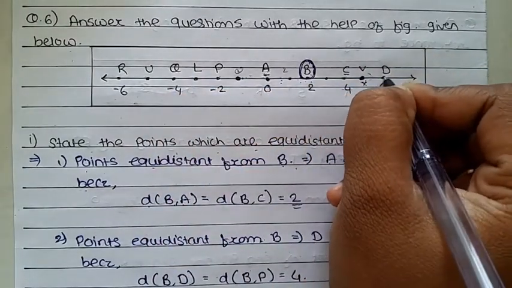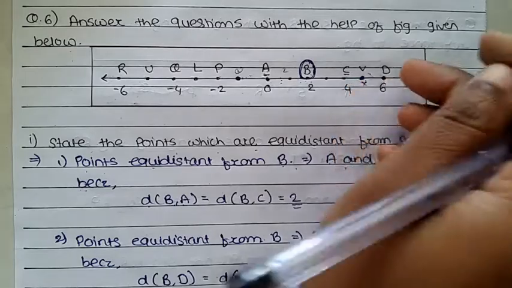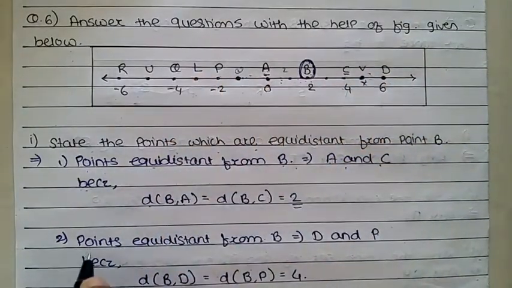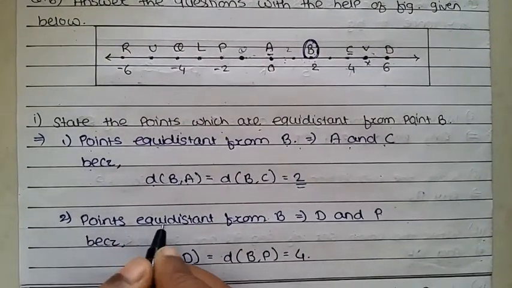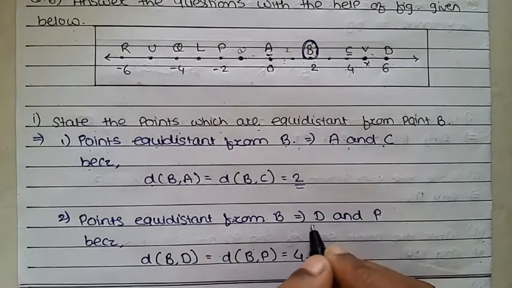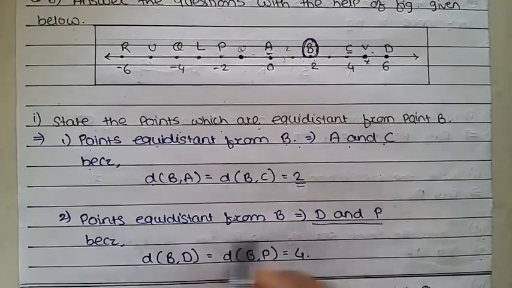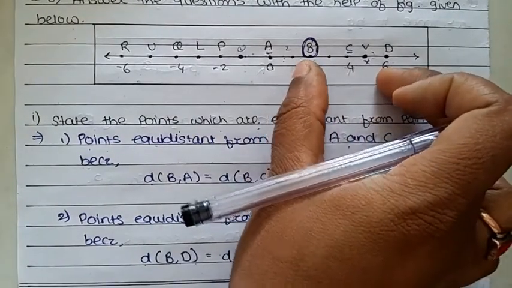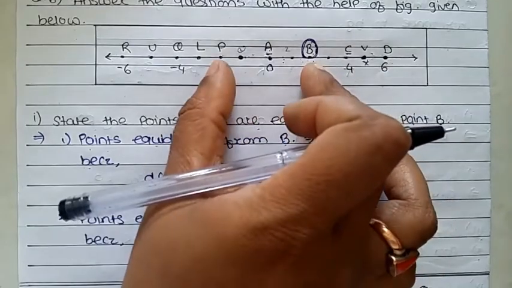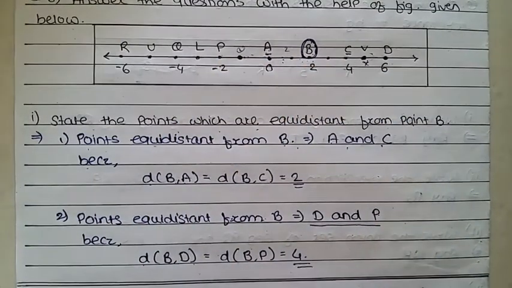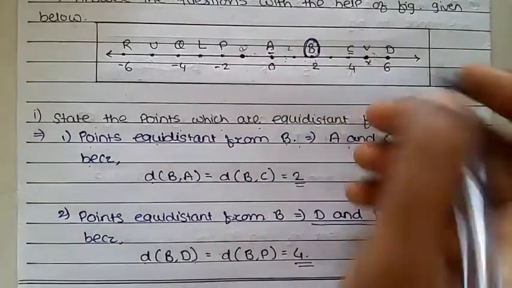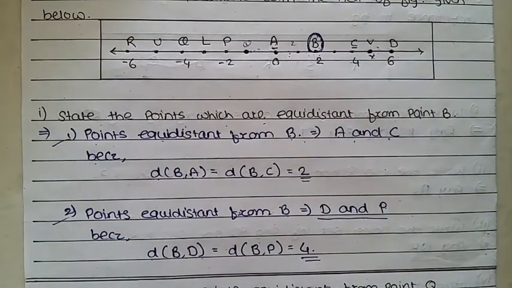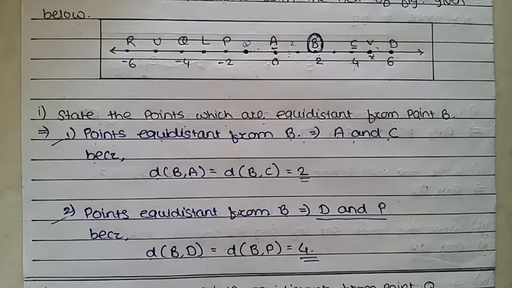Then we follow D, so D is equivalent to P. Why? Listen. Next, for points equidistant from B, we have to consider D and P, because the distance between B and D is equal to the distance between B and P, which is equal to 4. Okay, clear? Therefore, only two possibilities we have to find here. Understand this one? Very simple question.